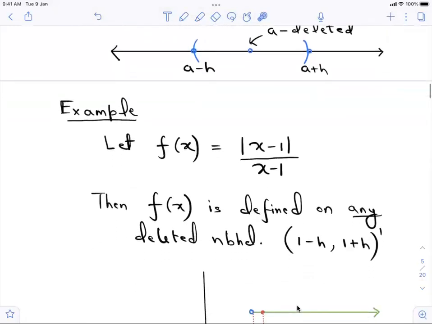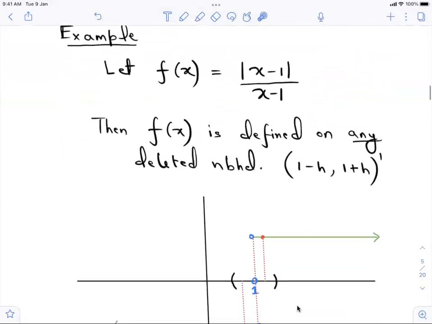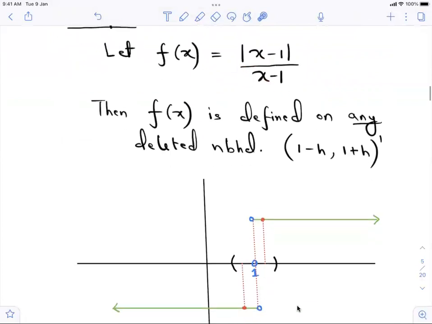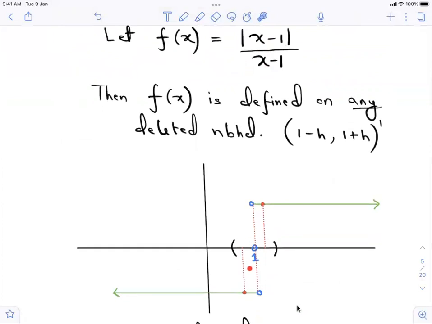So why do we need these deleted neighborhoods? It's used for a number of purposes. For example, if I want to study the function f(x) equals mod x minus 1 by x minus 1: on the left-hand side of 1 it is minus 1, on the right-hand side it is plus 1, and at x equals 1 it's undefined.